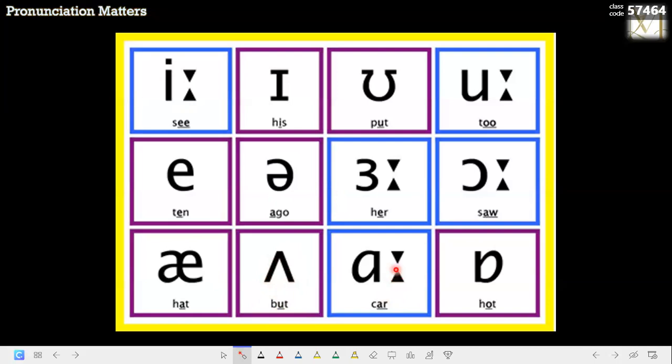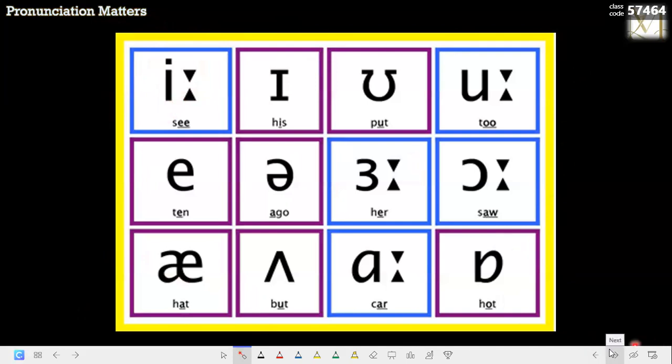And also we have /ɑ:/ like the word car, and this is /ɒ/ like hot, okay? These are the 12 pure vowels in English, or they are called single vowels. And these single vowels are divided into short and long vowels.